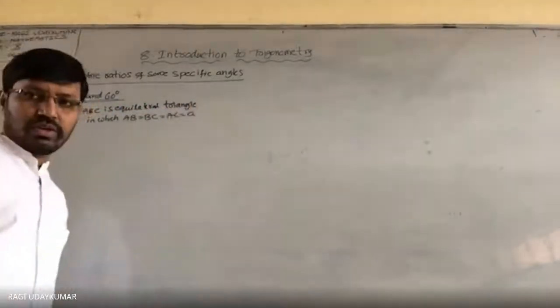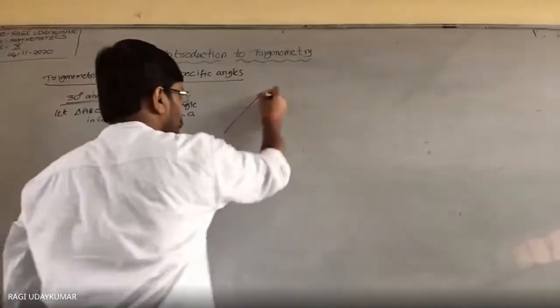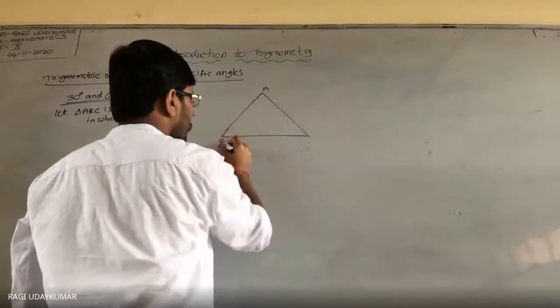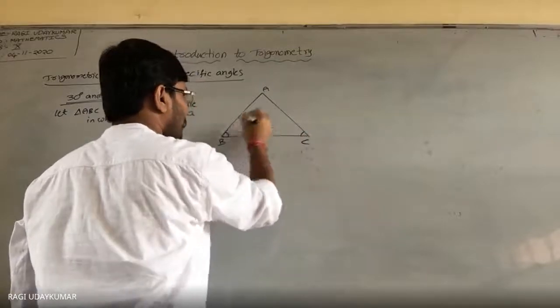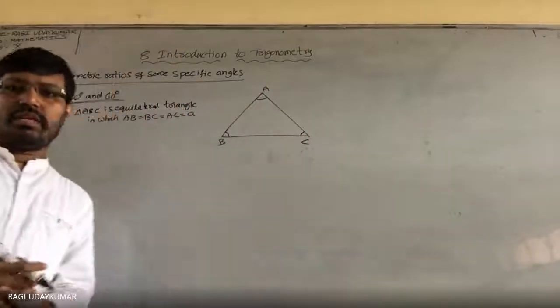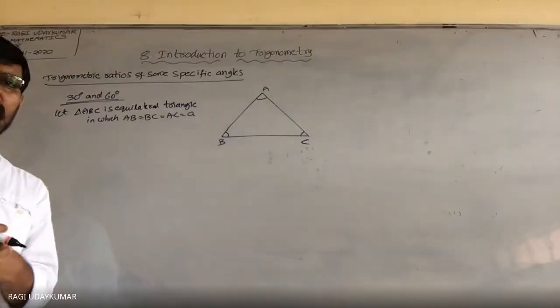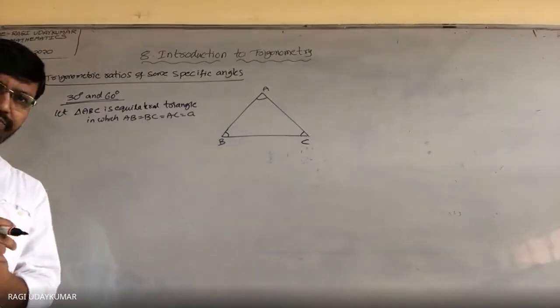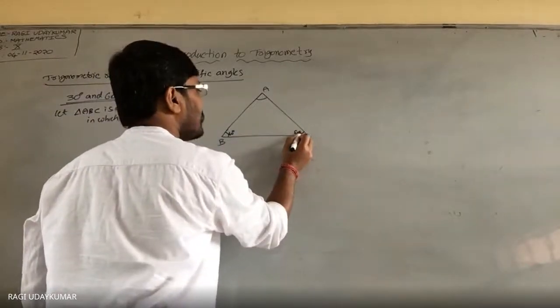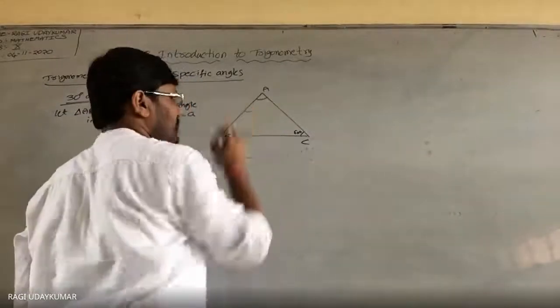In an equilateral triangle, each angle will be equal to 60 degrees. So this is 60 degrees, this will be 60 degrees, and here also 60 degrees.